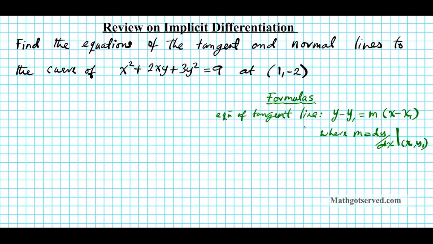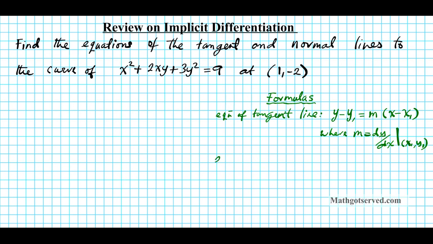What this formula is telling you is, in order to write down the equation of the tangent line, you need to find the slope at that point by implicitly differentiating whatever function you have, and then put it into the point-slope form of the equation of a line. Alright, so that's for a tangent line.